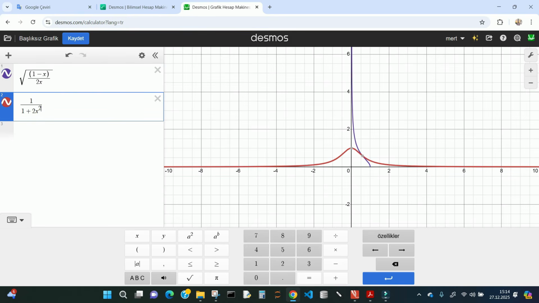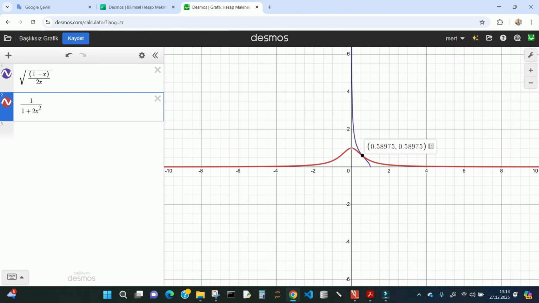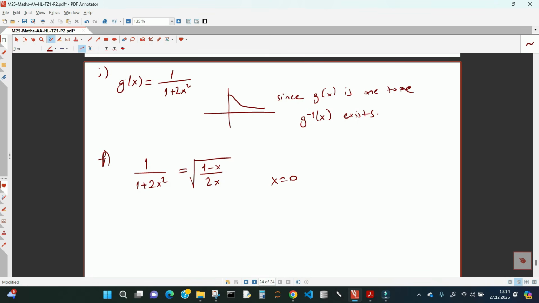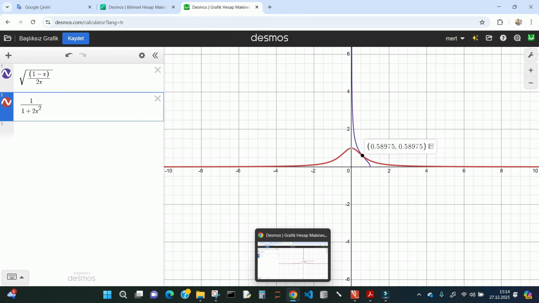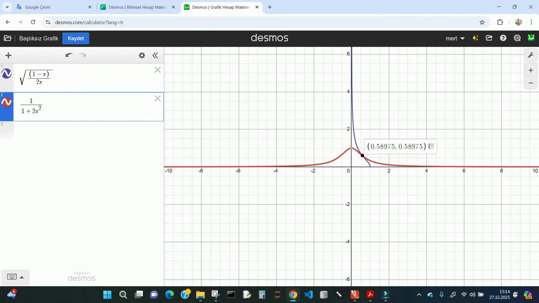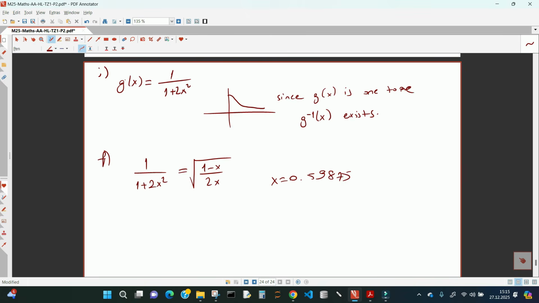Yeah, this one. So the intersection point, you can say it is 0.58 or 0.59. x equals 0.59, or to make sure you can write a few more digits here.